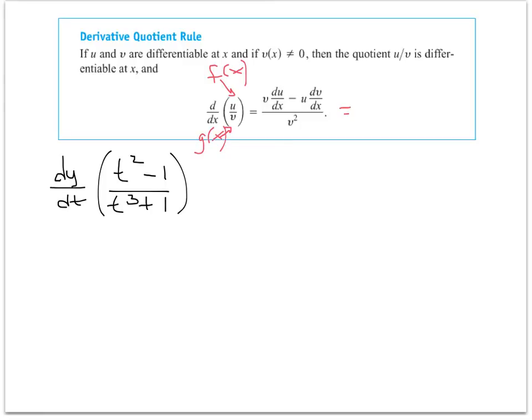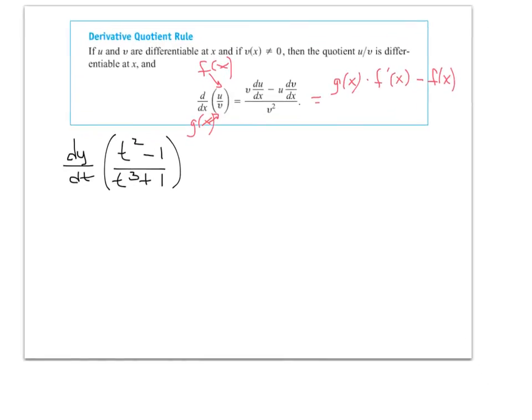So what I'm doing, I'm leaving the denominator alone times the derivative of the numerator minus leaving the numerator alone times the derivative of the denominator, and then all over the denominator squared. This one definitely matters because you're subtracting up top, okay? So leave the bottom alone times the derivative of the top minus leave the top alone times the derivative of the bottom, and then square the bottom. So away we go.